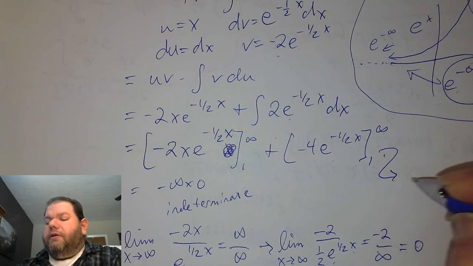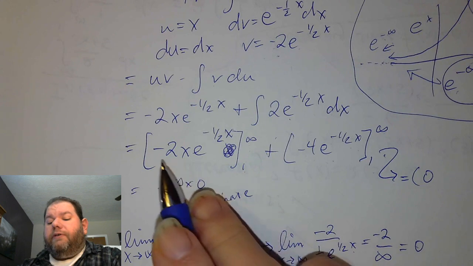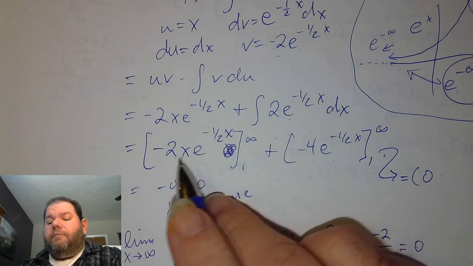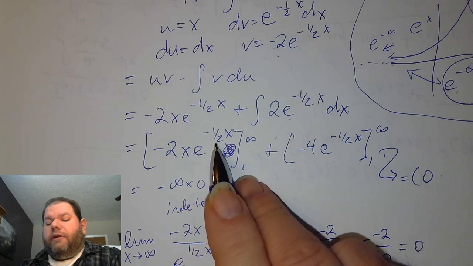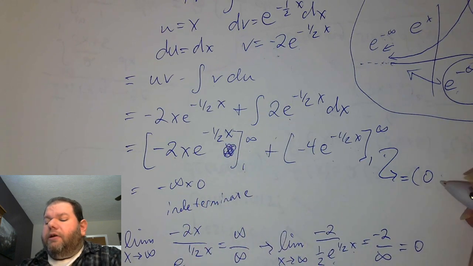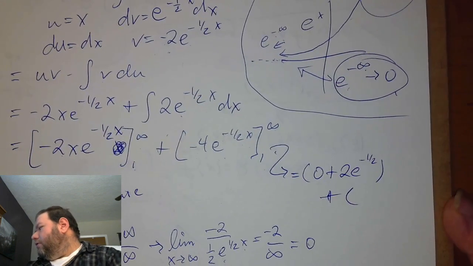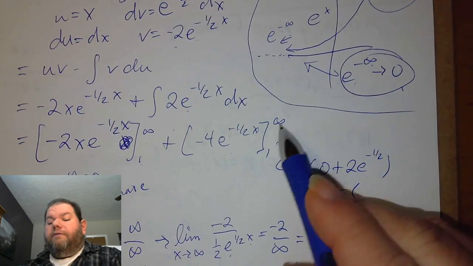So we get 0, and then we plug in our 1, so it's minus, and then minus 2 times 1 e to the negative 1/2 times 1, so plus 2 e to the negative 1/2, plus, and we plug in infinity here.